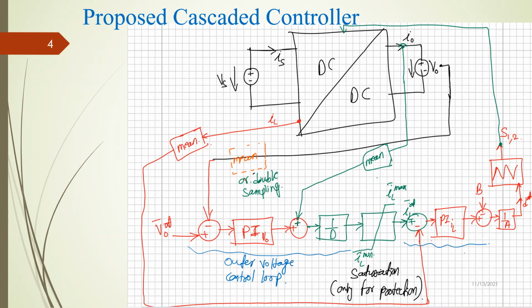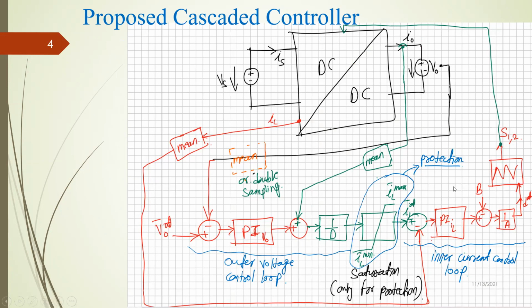And from here to here, we have our inner current control loop. As I explained in my third video, this we can use for the safety of our device, for protection. If we have some failure cases, we would like to limit our reference inductor current so that high currents do not flow into our DC-DC converter.